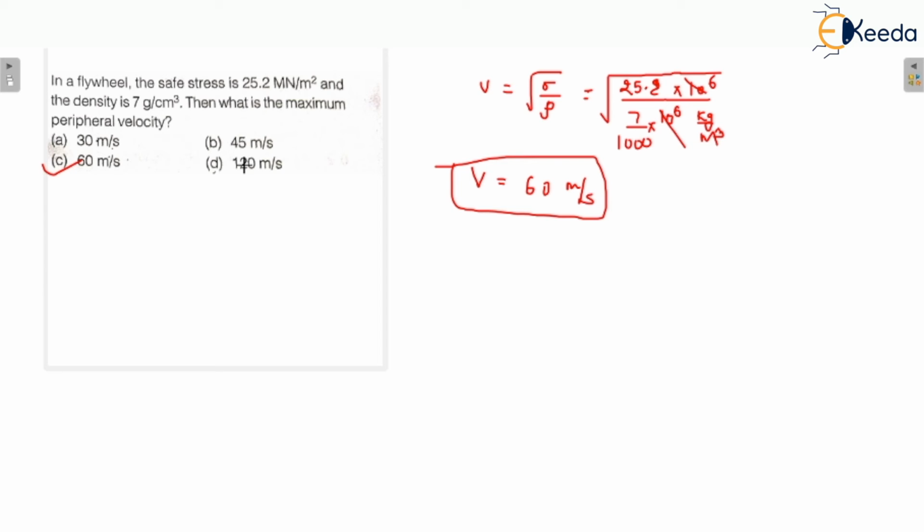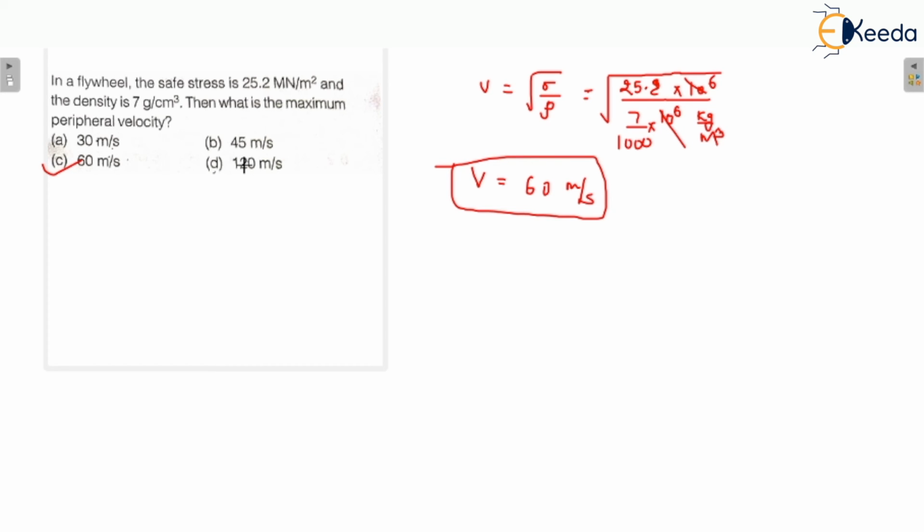Sometimes they will give you units in SI units, but sometimes they will ask you the questions in CGS, that means centimeter per second. So just read the questions and revise the units. Suppose in this question the velocity is in meter per second. However, there are four options, so you will not get confused. But sometimes they will ask integer type questions.